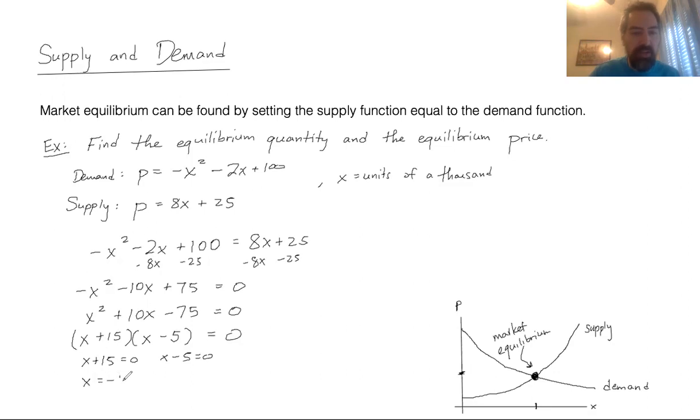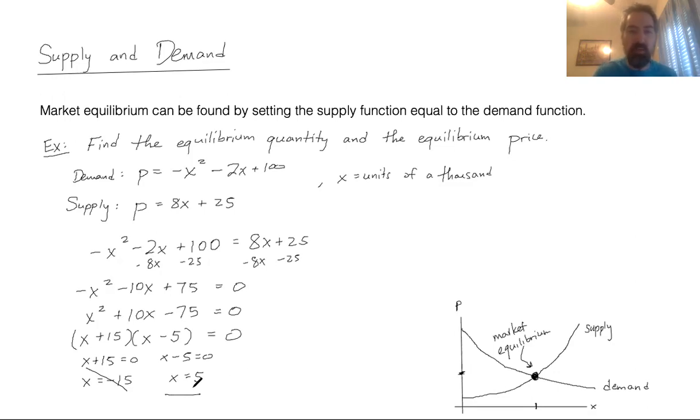Now we've got two answers here. But in this business application, I can throw out one of these answers. That's going to be the negative number. I can throw out x equals negative 15 because I cannot produce negative units. So I'm only taking the positive number. Remember that x is in terms of 1,000 units.